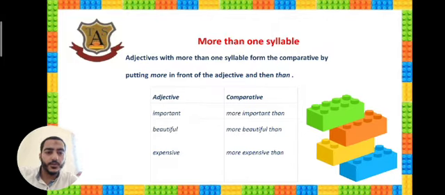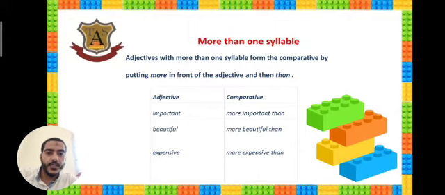More beautiful than. For example, my story is more beautiful than yours. My mobile phone is more beautiful than yours. This tree is more beautiful than that one. These are all comparisons.